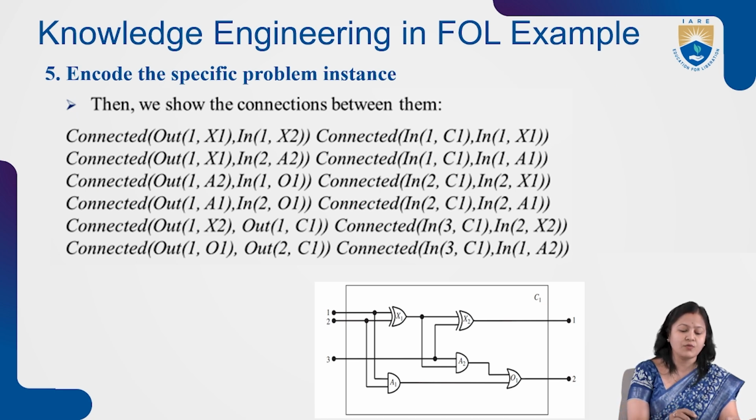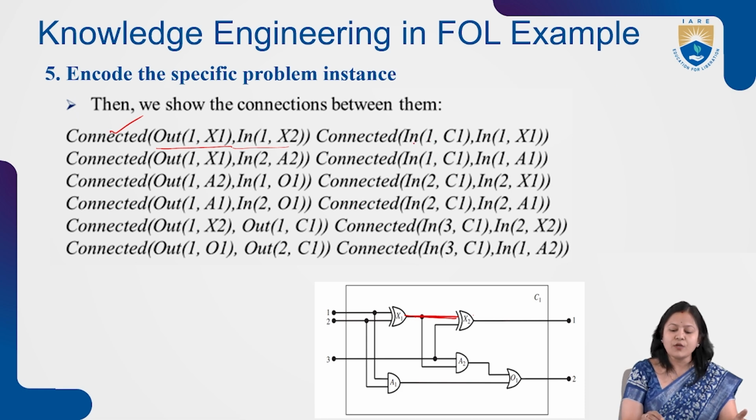Now the first statement you see here: connected, within brackets out, 1, x1, in, 1, x2. That means the first output from x1 and the first input to x2 are connected. What is the first output of x1? This portion, and this is the first input to x2. This is x1 and this is x2, both are connected.